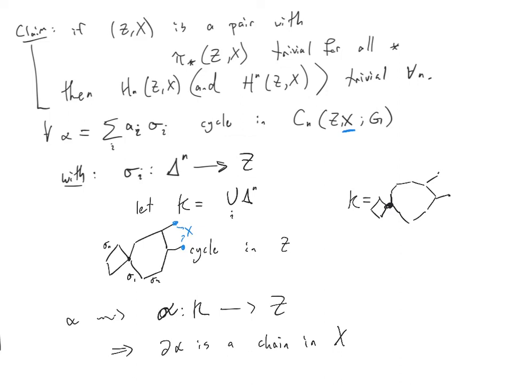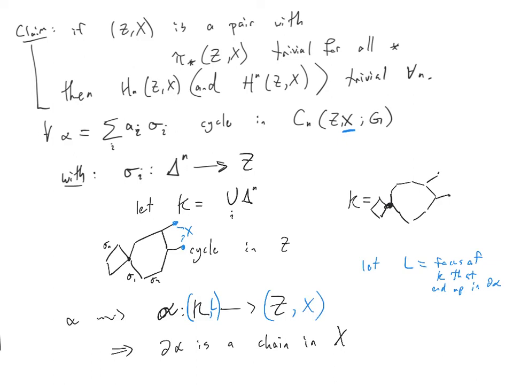So let L be the parts of K, the faces of K, that end up in the boundary of alpha, so that don't cancel each other out. And then what we actually have is a map K relative L to Z relative X.